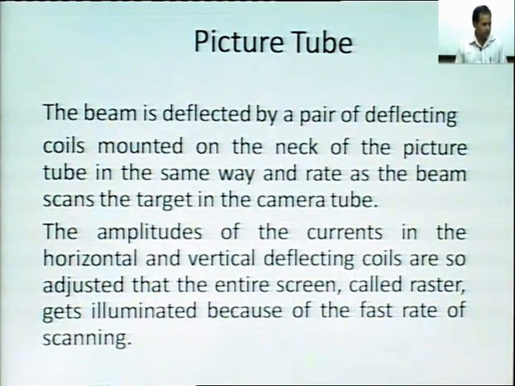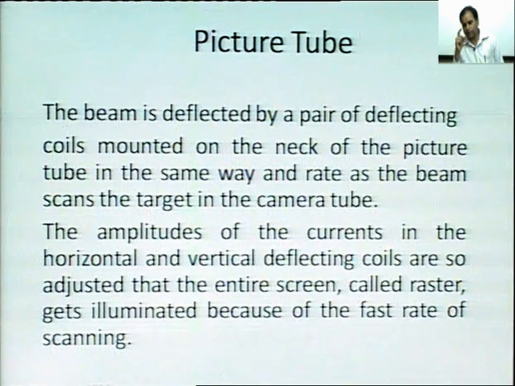Because the scanning is at a very fast rate, we have to deflect the beam to the extreme corners of the screen. For that, if we use electromagnetic deflection, we require coils, and those coils can be mounted outside the picture tube.